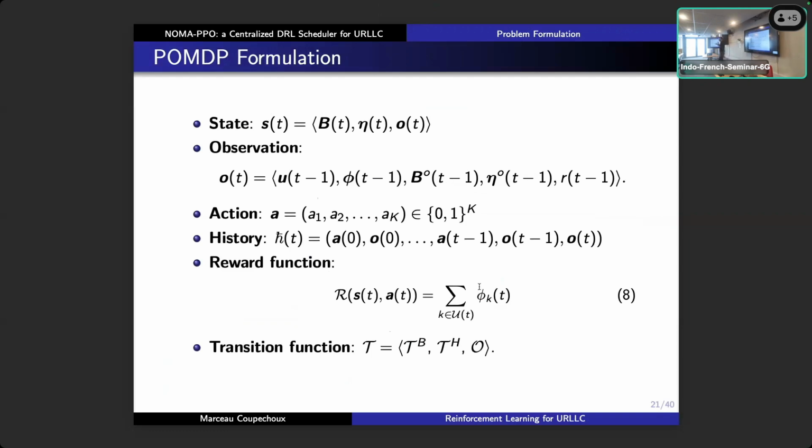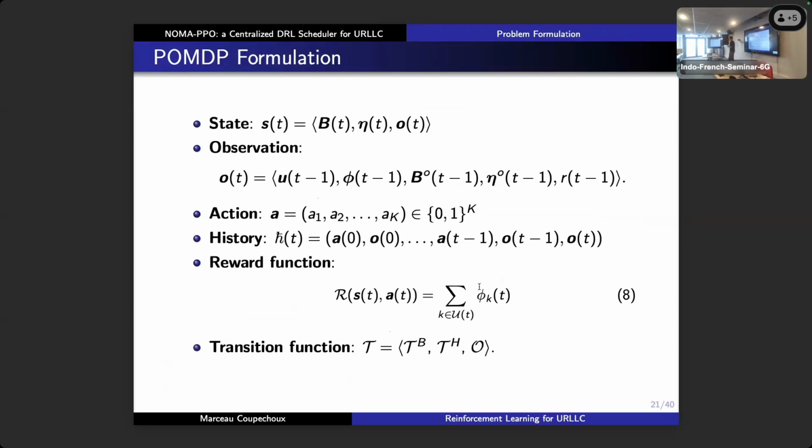In the literature, sometimes people include some penalty when there is a collision, for example. Here, designing the reward is a bit expert dependent. There is no real theory behind this, except that you think about your optimization problem and you design an immediate reward that corresponds to this optimization problem.